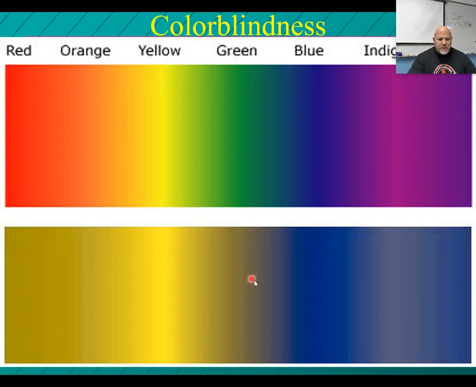So you tend to see blue and yellow, and that's about the only colors you see very well. Red and green and purple all kind of look the same to you, especially red and green. If you notice down here, this color and this color kind of look the same. So you don't really distinguish those two colors at all.